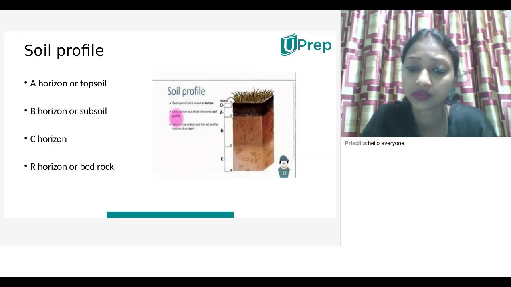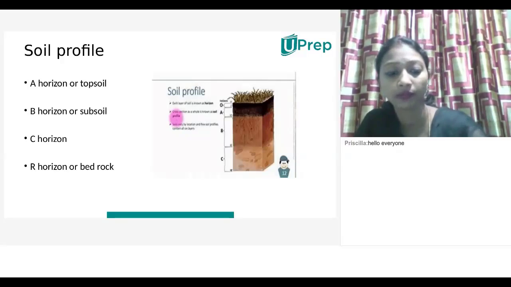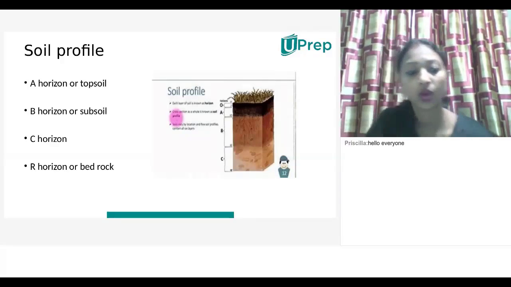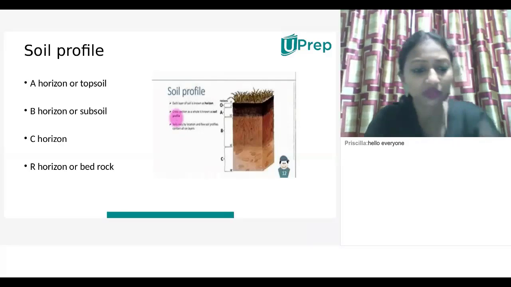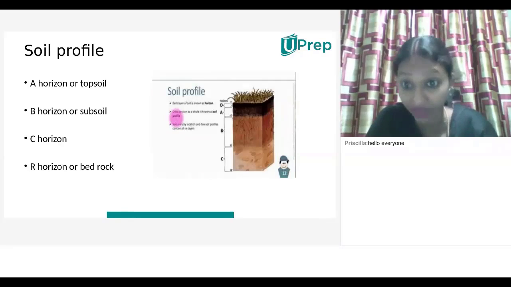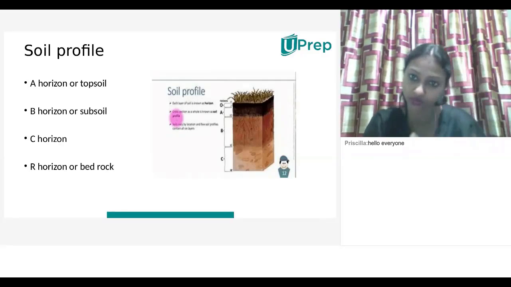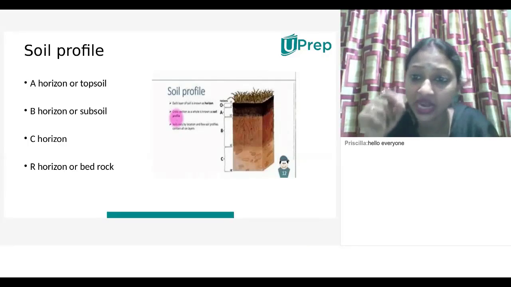So what about the horizon or the subsoil? The subsoil contains partially weathered pieces of rocks, and it is rich in minerals because it is present beneath the topsoil. So the slight roots will penetrate inside the subsoil.